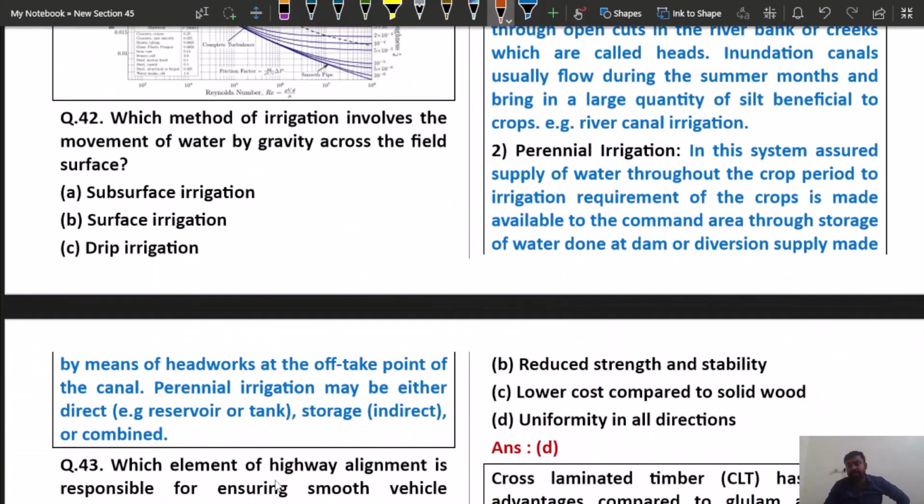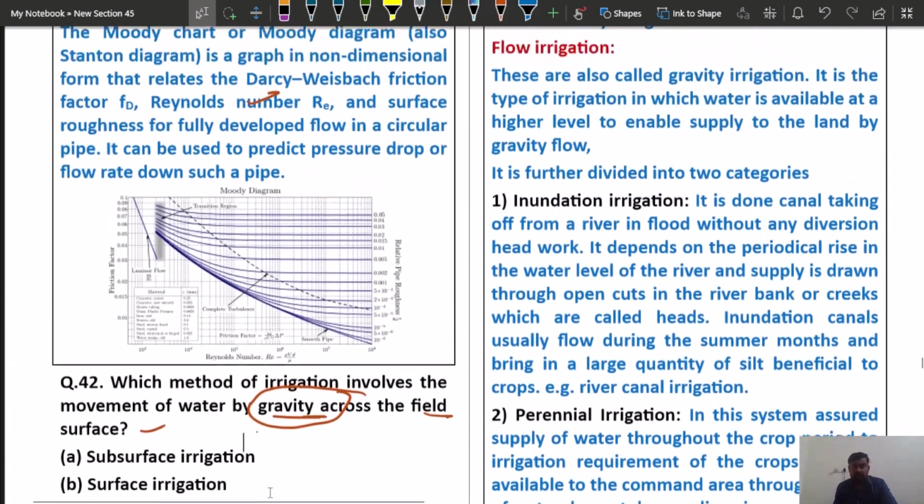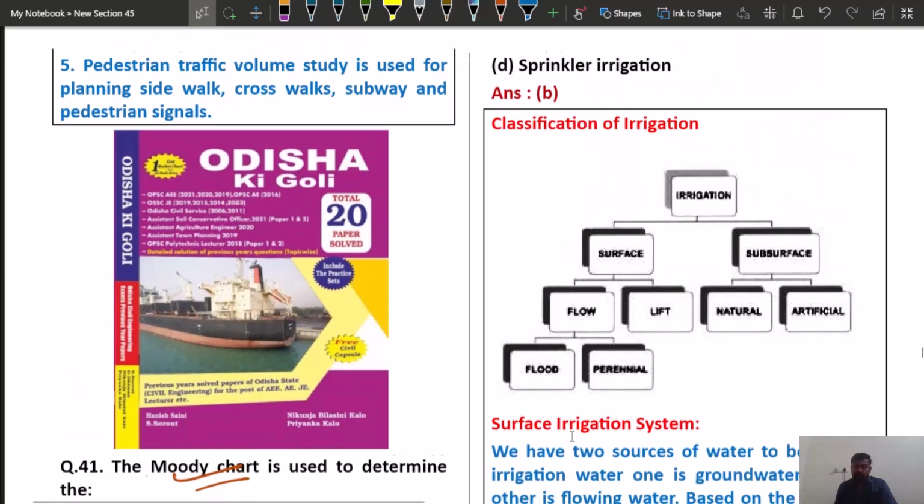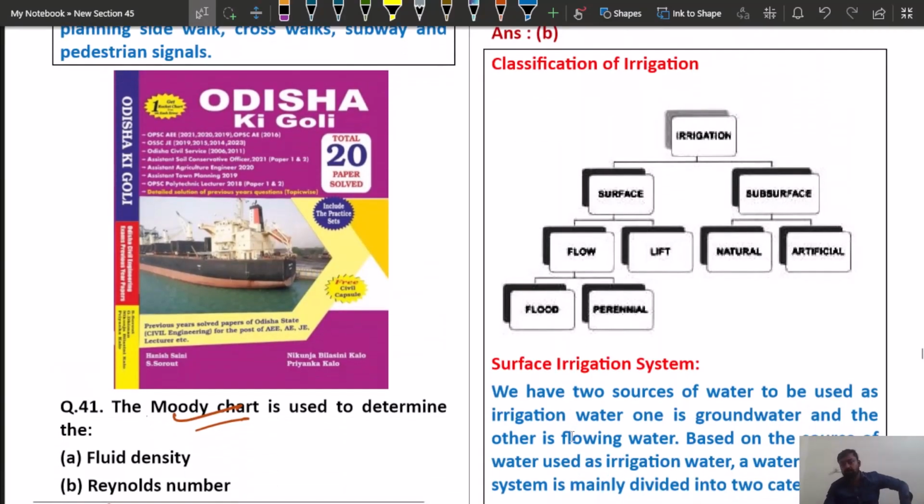Which method of irrigation involves the movement of water by gravity across the field surface? This question is asking in which irrigation method the water is provided to the field by gravity action. Options are given: surface, subsurface irrigation, drip irrigation and sprinkler irrigation. So here is the classification of irrigation. Irrigation is classified into surface irrigation and subsurface irrigation.